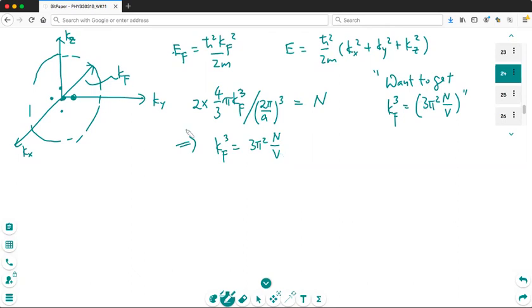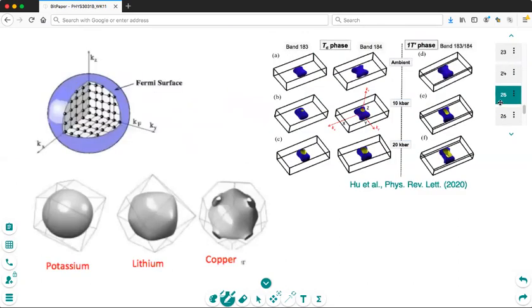All right, so this is a Fermi surface, and this is kind of my favorite part. This is what I drew, but I got it from an article which is better, and this is what happens inside. The Fermi surface is a surface that separates the occupied states from the empty states.